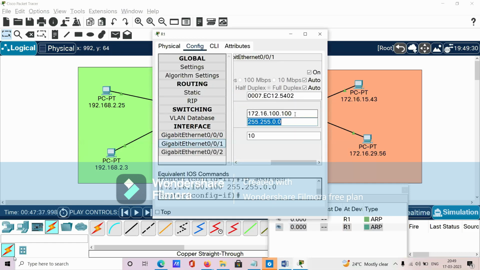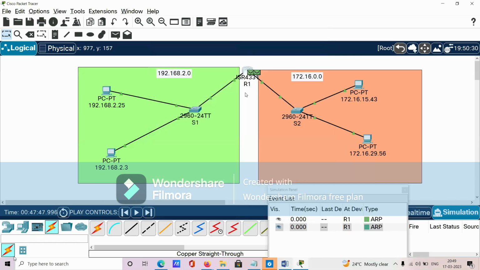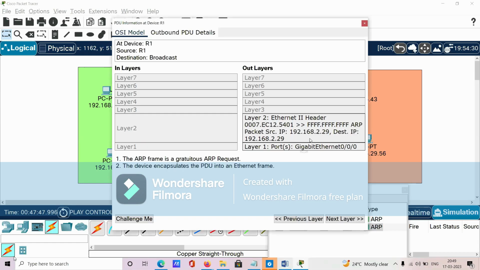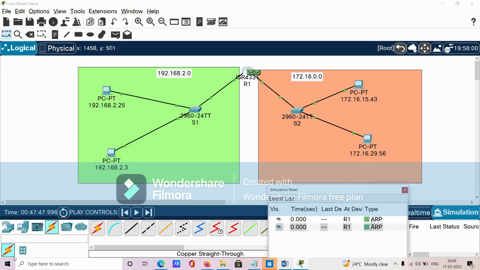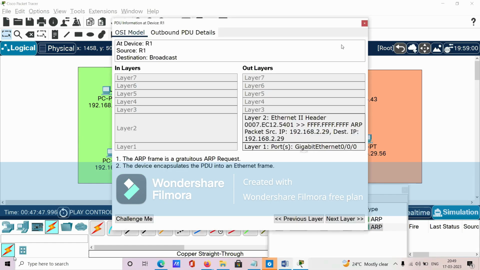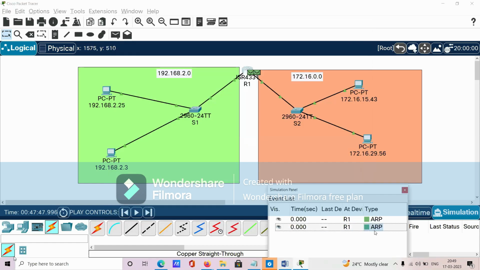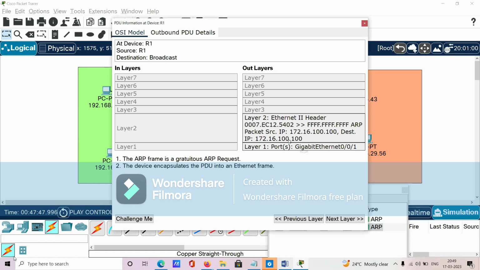When I assign the IP address, double ARP comes out. Two packets are generating the ARP. Now which are the two packets? The first packet is of 2.0 and the second packet is of 172.16.0.0.